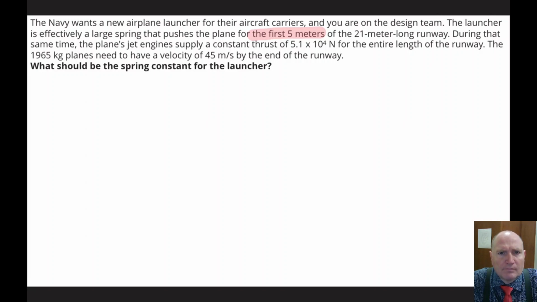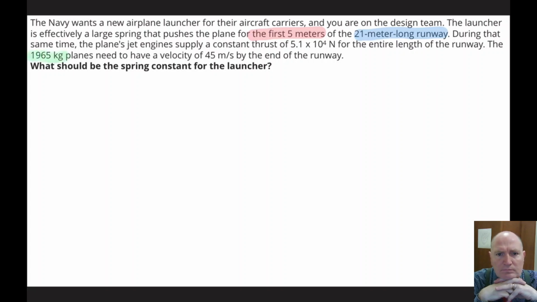There are some catapult cables that launch them off, a bit more efficient than a humongous spring. And then we have a 21 meter long runway that this thing goes down.